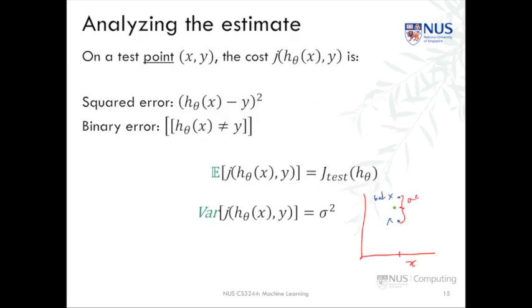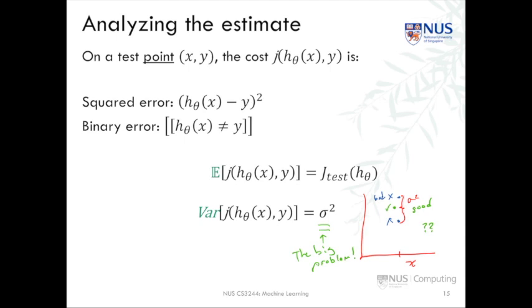If I'm lucky enough and I sample a point pretty close to the mean of the test cost, then we have a good result and we can accurately estimate the test cost. The problem is we have no idea which point we're going to draw, so we're going to get quite a lot of variance here, which is the killer problem.